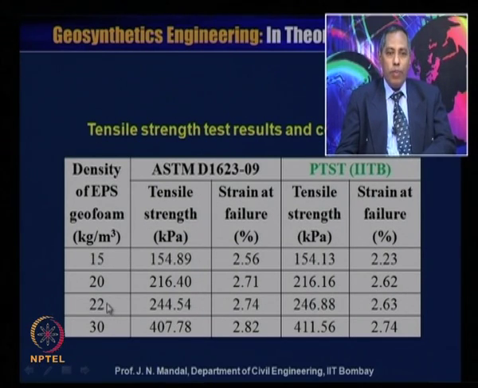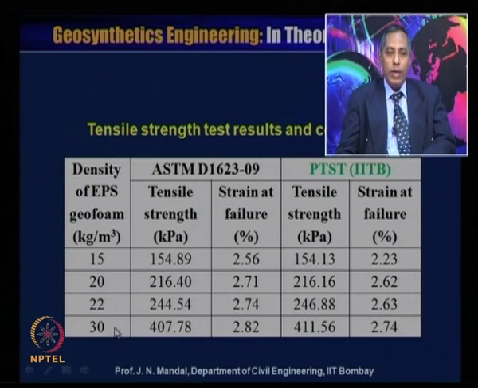The density of EPS geofoam is 22 kg per meter cube. The tensile strength value is 244.54 kilopascal and strain at failure 2.74%. And the proposed method tensile strength value is 246.88 kilopascal and strain at failure 2.63%.